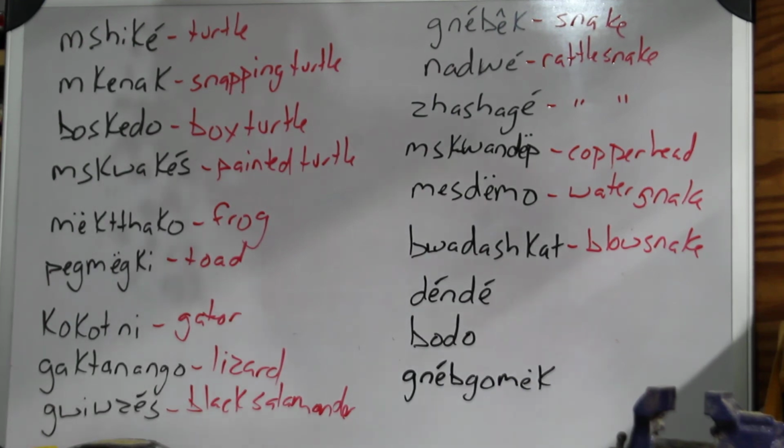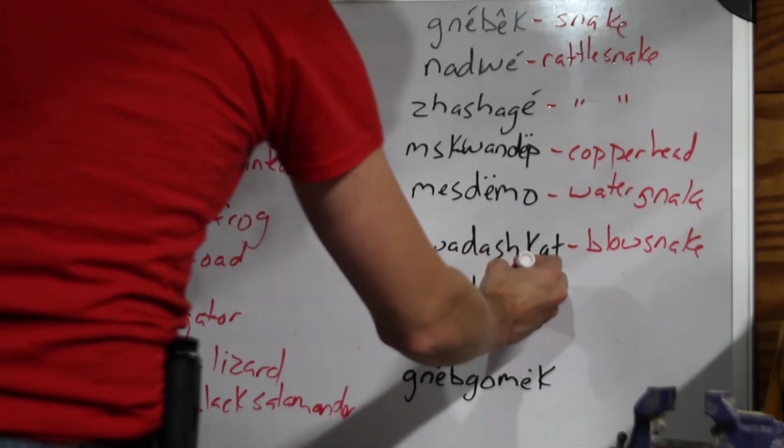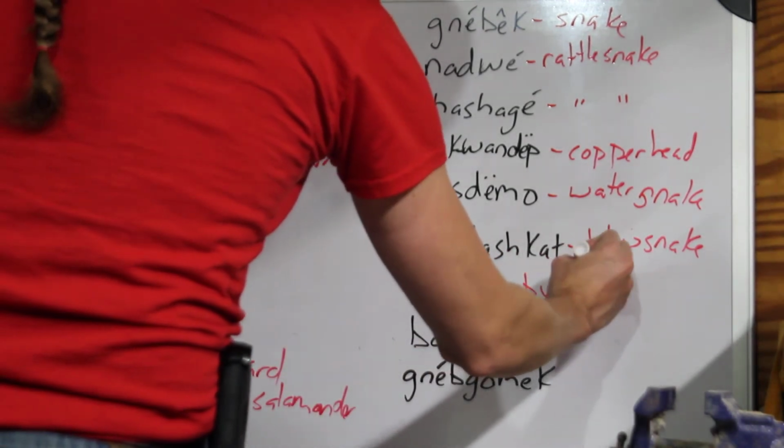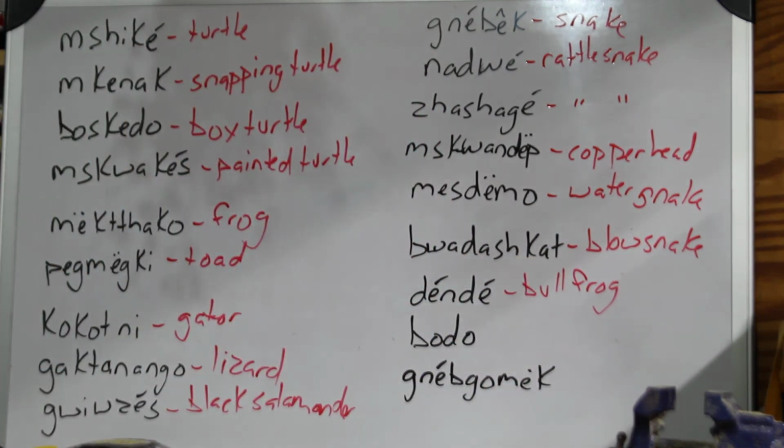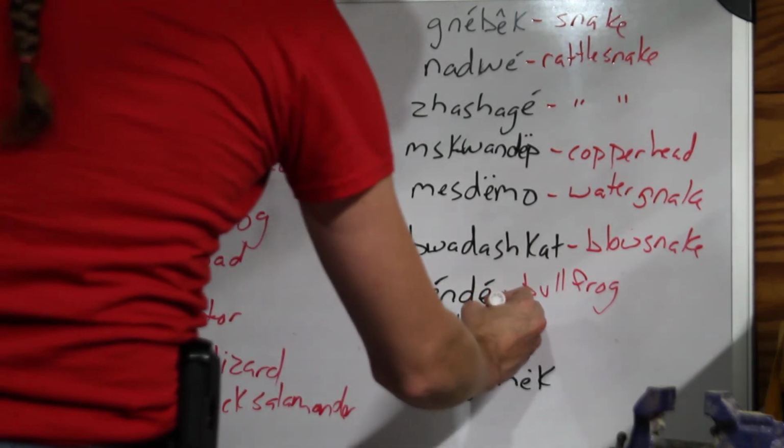Next we have Dende. Dende is a bullfrog. Below that we have Bodo. Bodo is a tadpole.